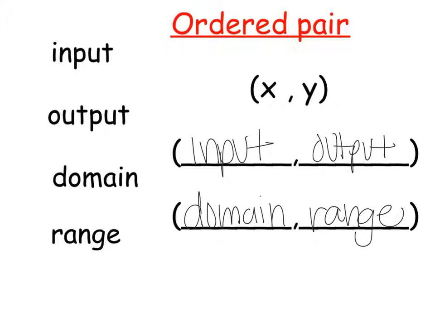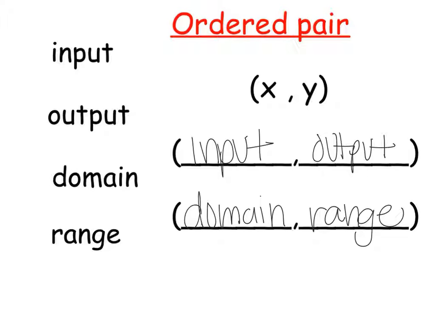Okay, so think about this. Of those 6 vocabulary words, 5 of them we can relate to something we understand very much. 5 of those words centered around the idea of ordered pairs, x and y coordinates. Okay? A relation is when I have a set of these ordered pairs.